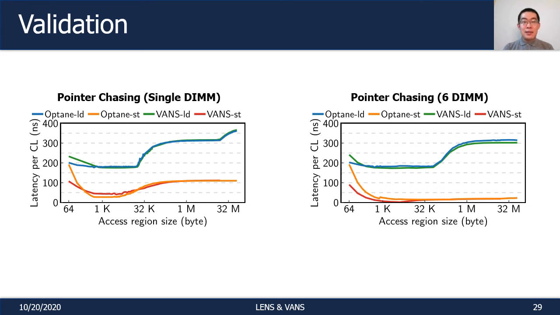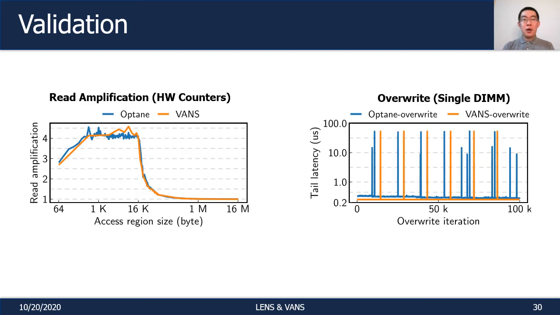We notice that the VANS latency numbers and curves match the real DIMM very well. We also take the hardware counters from the real DIMM and VANS to calculate the read amplification for the L1 buffer. As shown in the left figure, the amplification factors match very well. We then perform the overwrite test on VANS and find its long tail latency matches the real DIMM.